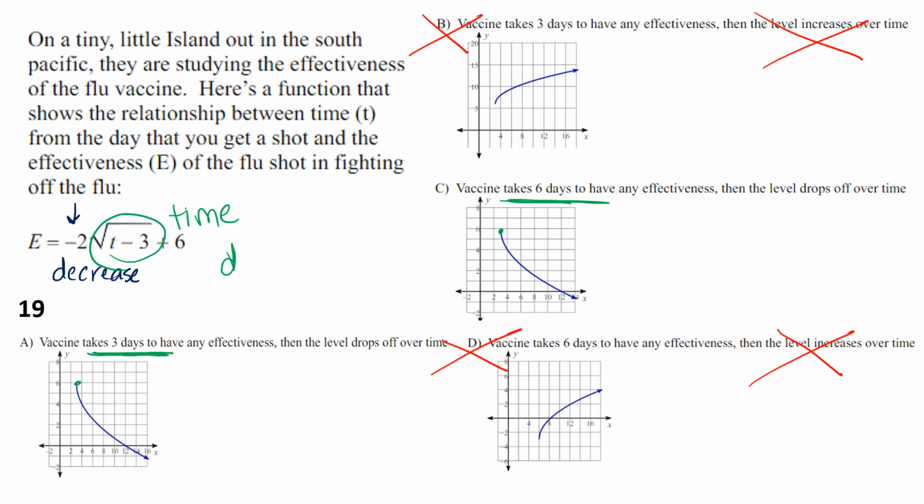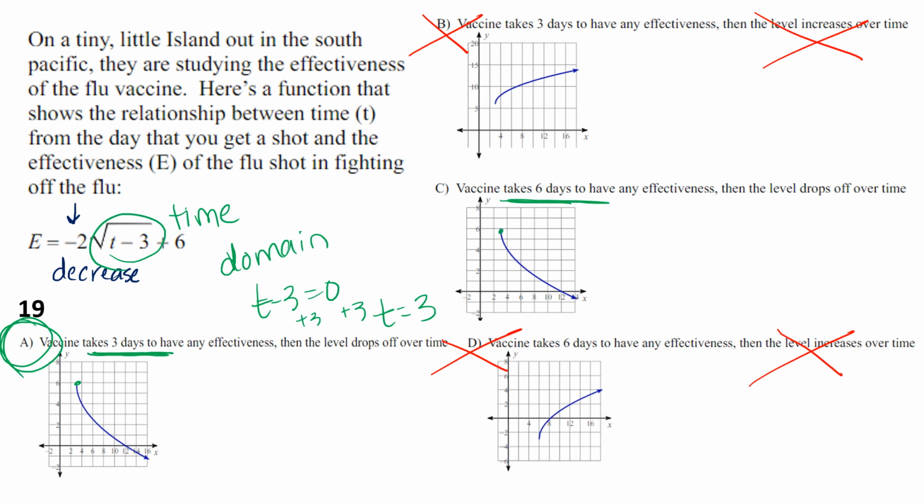That is going to give you your domain, which is your next question, so we'll do 2 in 1. When you set that equal to 0, so t minus 3 equaling 0, and solve for the domain, that tells you when the effectiveness is actually going to start. So on the 3rd day, after 3 days, answer choice A is our domain. That's when it starts to work. After 3 days, then it starts to decrease.